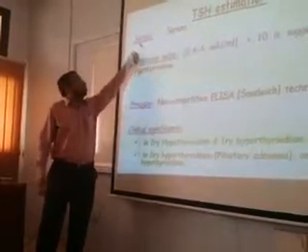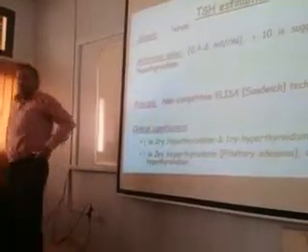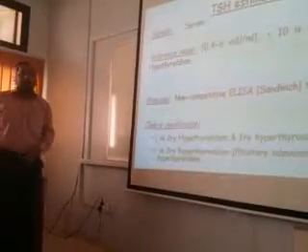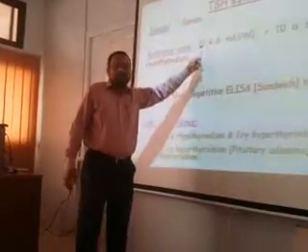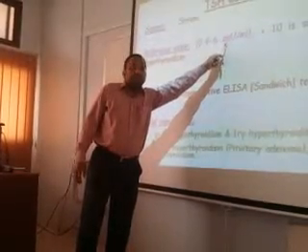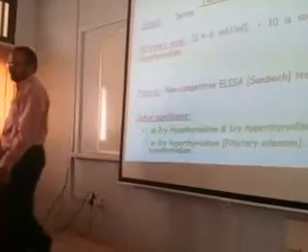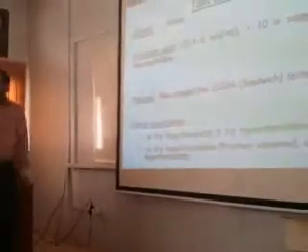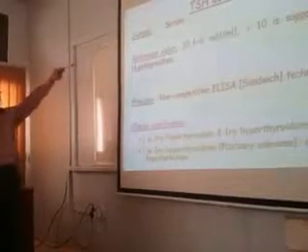We are talking about TSH, the value from 0.4 to 6, in micro units per ml. If it is increased above 10, this is hypothyroidism.